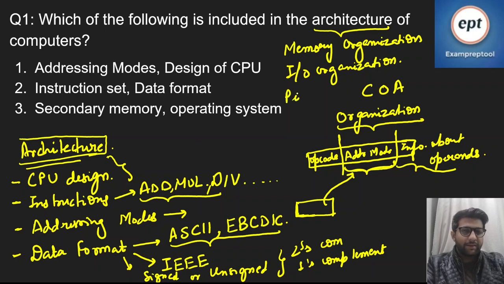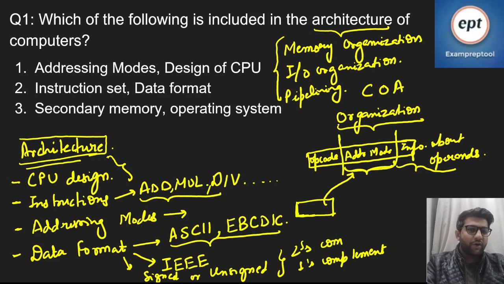So concepts like pipelining, right? So these types of concepts are part of the computer organization, that how different components of a computer will interact with each other. So I'm repeating this again, that computer architecture will include the design of the CPU, the instruction that the CPU will support, the addressing modes, and the data format, right?